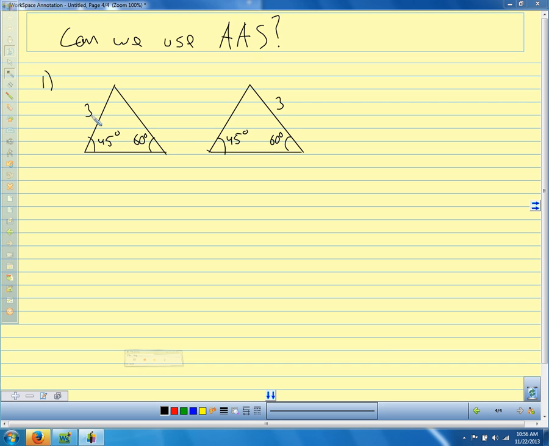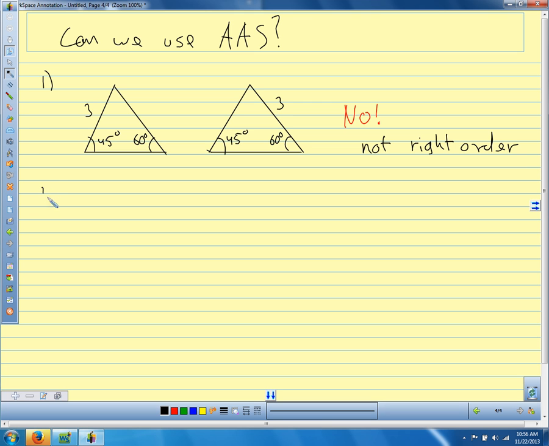The side that's length 3 is by the 45-degree angle on this triangle, and the side that's length 3 is by the 60-degree angle on this triangle. So the parts don't match up. So we're going to say no, not in the right order. They don't match up the right way.